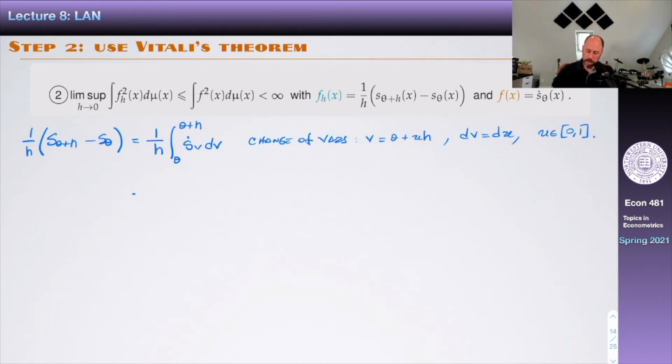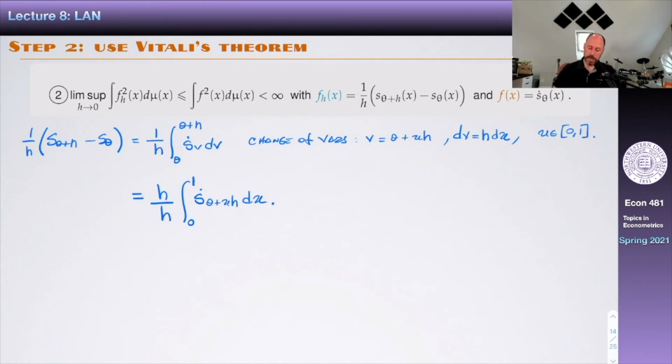So this is the integral from 0 to 1 of s dot theta plus uh du.